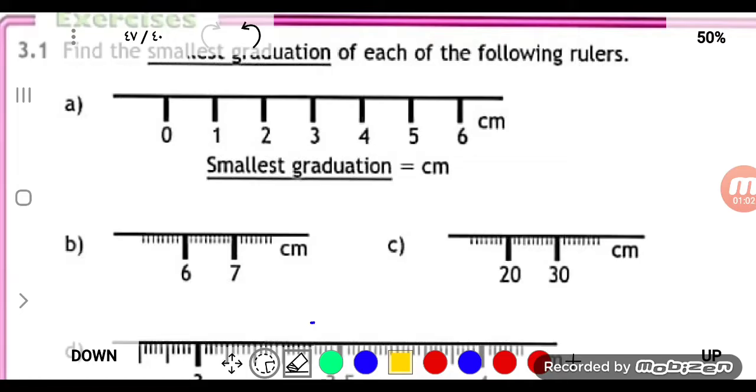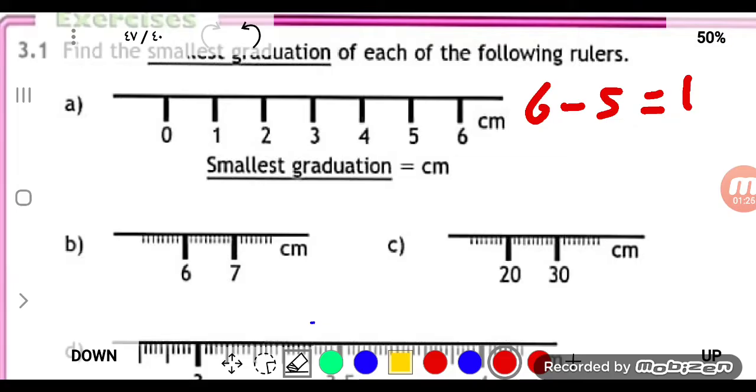So for example, let me choose 6 and 5. Here, 6 minus 5 equals 1. Next step, I divide this number by how many spaces we have between 6 and 5.